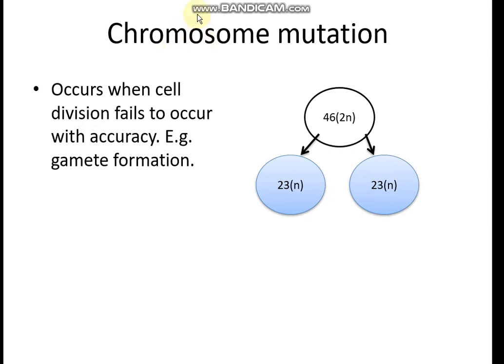a chromosome mutation. For example, in this case you can see how a normal cell division occurs when it comes to gamete formation. In humans, we have 46 chromosomes. If normal division occurs, then each gamete will receive half of the chromosomes.